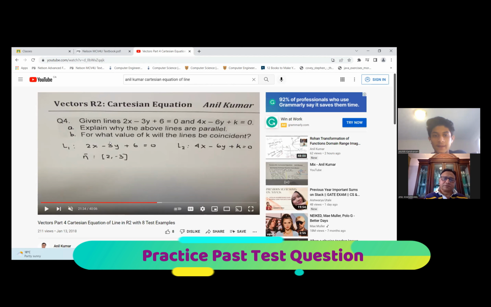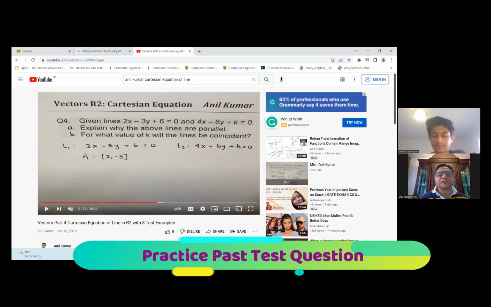Correct. And for what value of k will the lines be coincident? Coincident means they are the same line, so they have the same y-intercept. The c should be scaled by the same multiple as the normal.